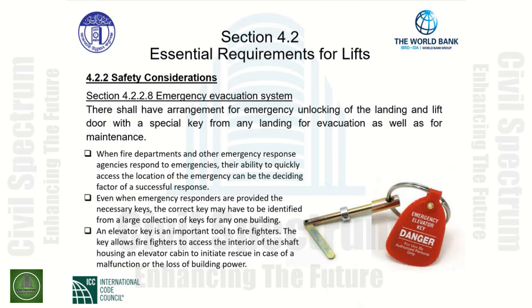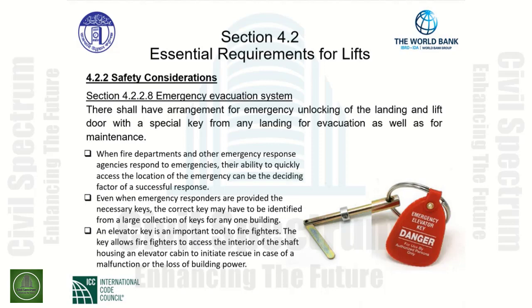Emergency evacuation system in section 4.2.2.8 indicates there shall have arrangement for emergency unlocking of the landing and lift door with a special key from any landing for evacuation as well as for maintenance.